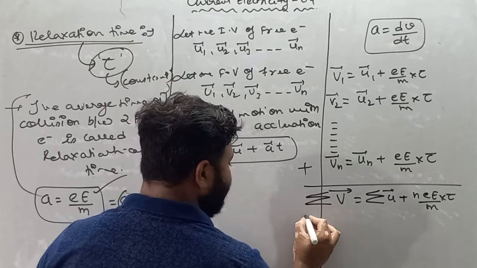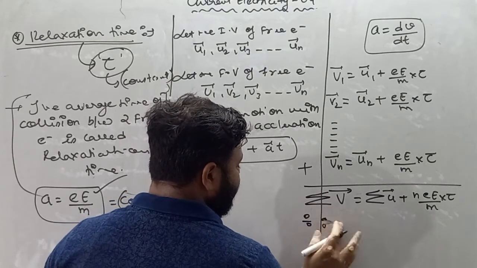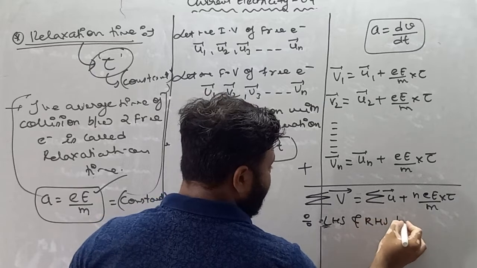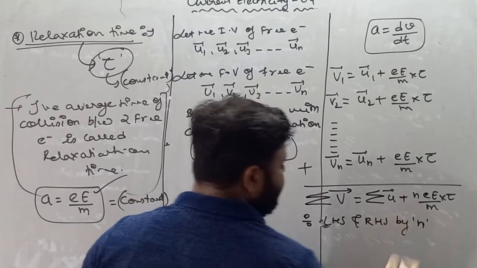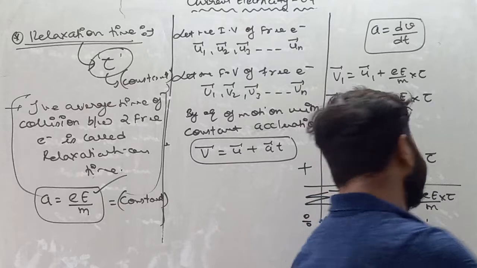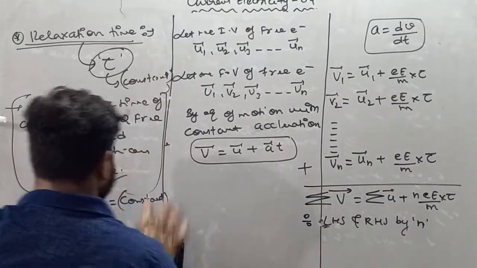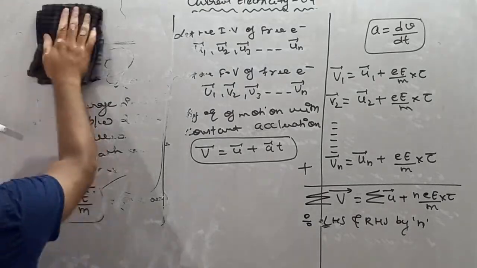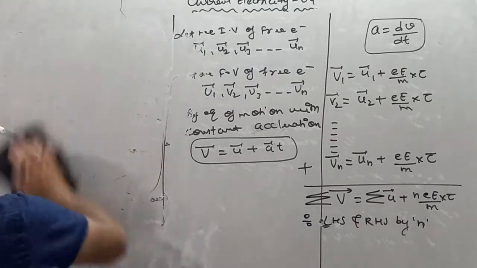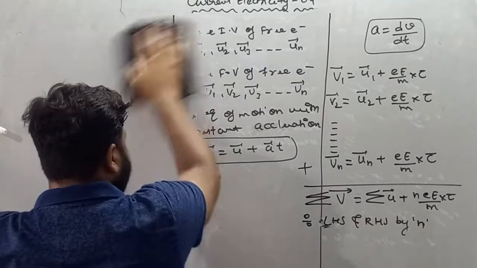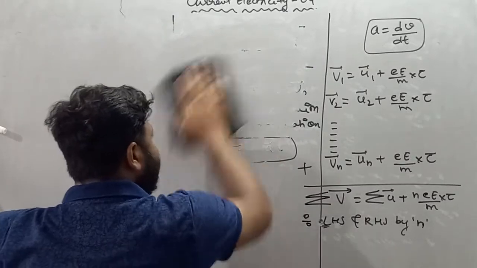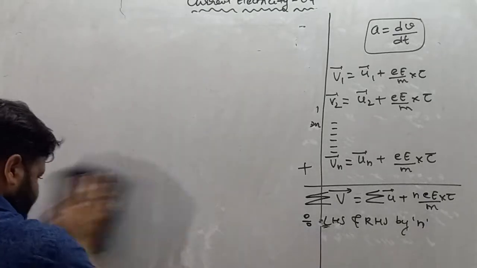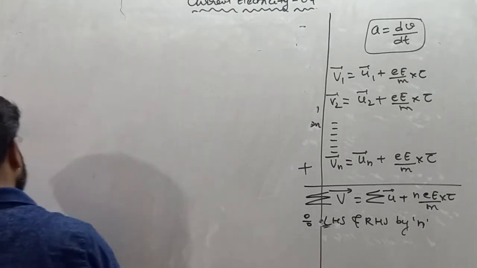Now see, my dear student, divide LHS and RHS by n, where n is the number of free electrons present inside the conductor. Just divide the equation and check what you get.